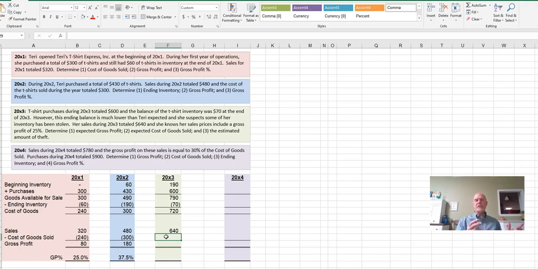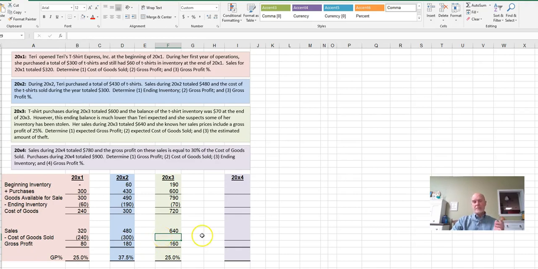So let's do this. Let's use what we know and back into what inventory should have been. So our gross profit percentage should be 25%. So if the gross profit was 25%, that means the gross profit should have been 25% of the sales. That would be 160. That means that the cost of goods sold would have been the difference between those two.